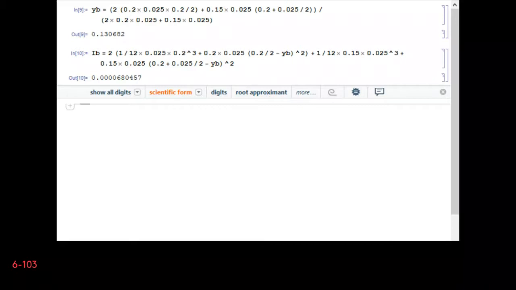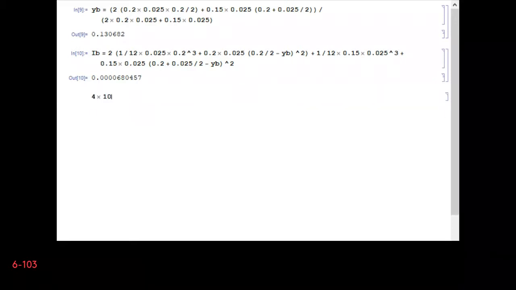So it is 4 × 10^6 multiplied by I bending divided by 1 multiplied by 0.225 minus the location of the centroid.